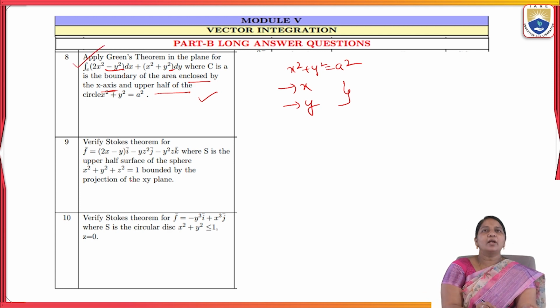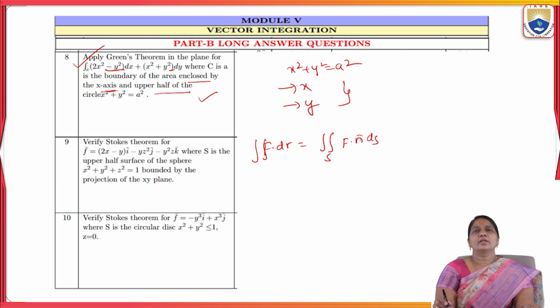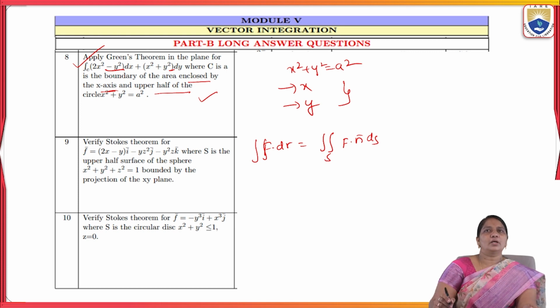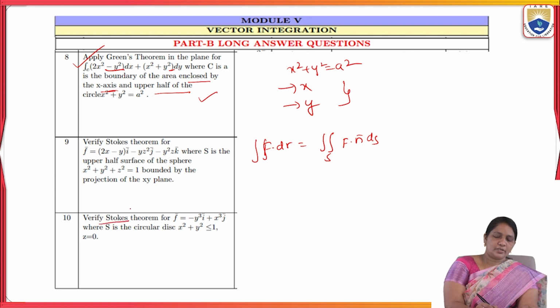Next, verify Stokes theorem. The statement of Stokes theorem is integral f dot dr equal to double integral over curl f dot n ds. Here also we use the same method and the same procedure to solve the 9th one and 10th one.